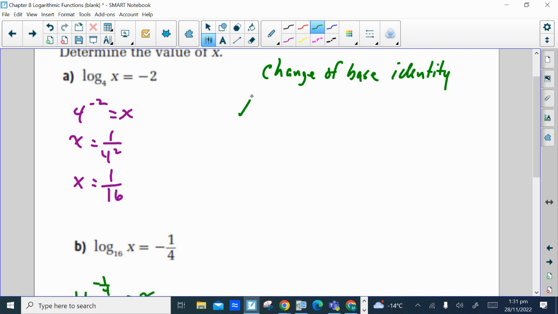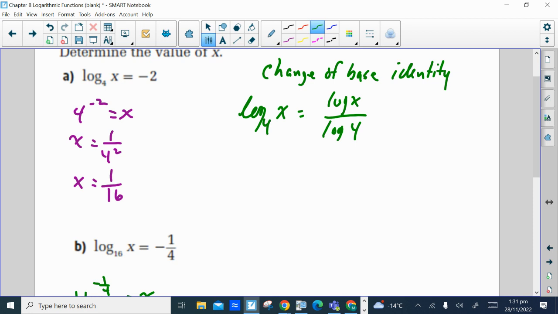It says that if you have log base 4 of x, it means log x over log 4. The log of the argument divided by the log of the base. That's the change of base identity. So we'll be looking at that fairly soon here. But you can use it if you don't have a calculator that has that log change base function in it.